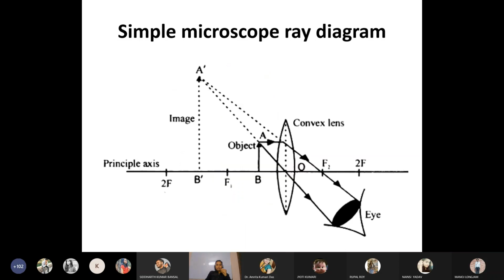You should have gone through the basic principle of how a lens is used to magnify an image. So the object is here, and you find a magnified image of this object, and this is the eye. You must be knowing that you have a lens in your eye as well. So although this is a single lens, there are two lenses involved in this.